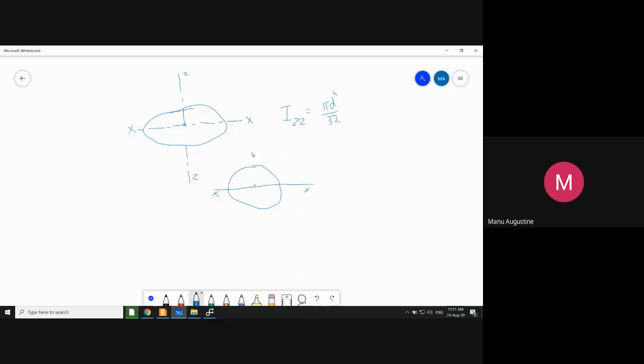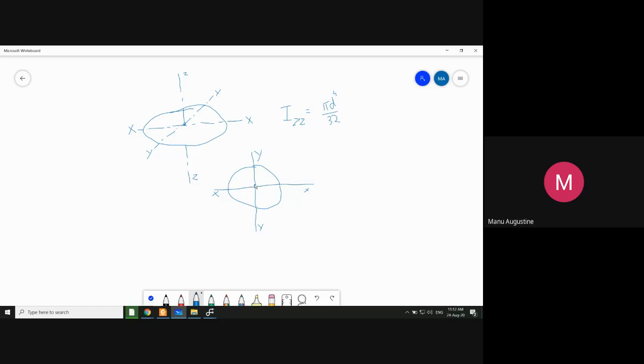And then you draw another line on the circle perpendicular to your previous line xx and name this as axis yy. So in this tilted figure, it will look somewhat like this. So this is axis yy.